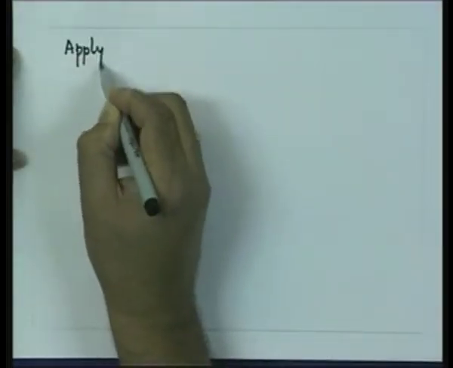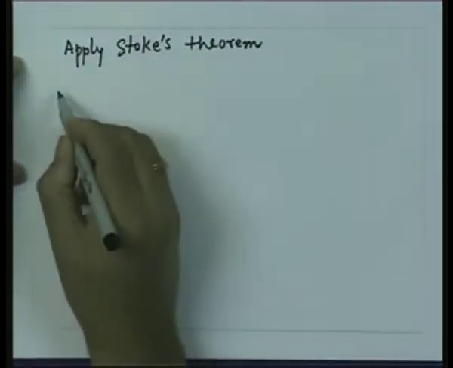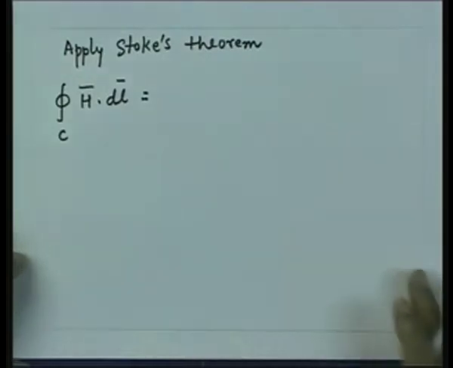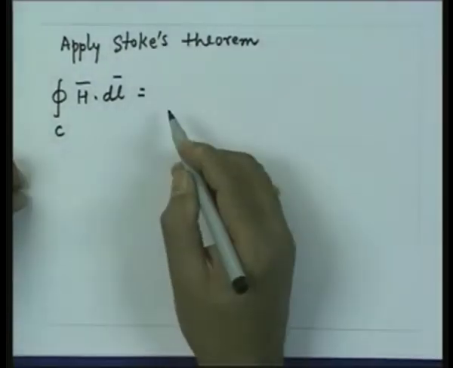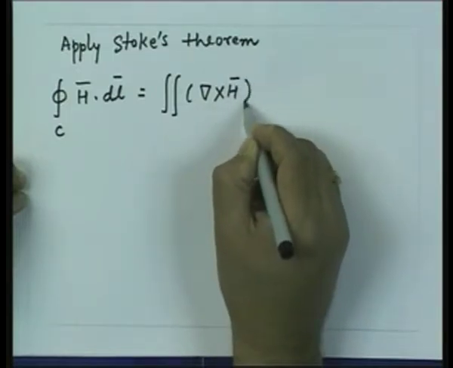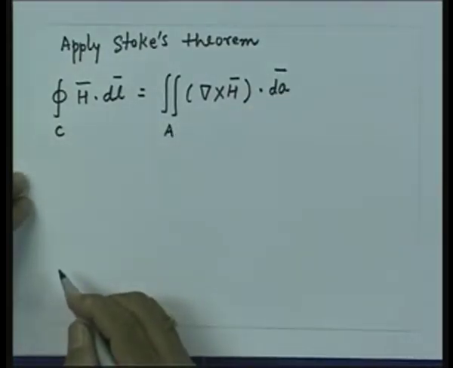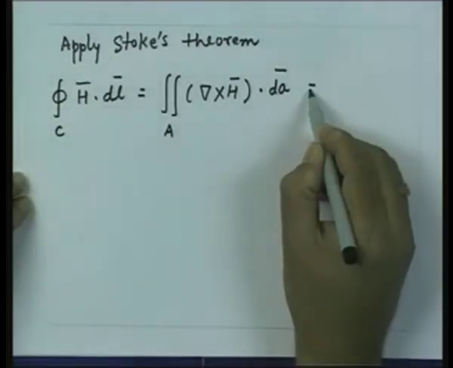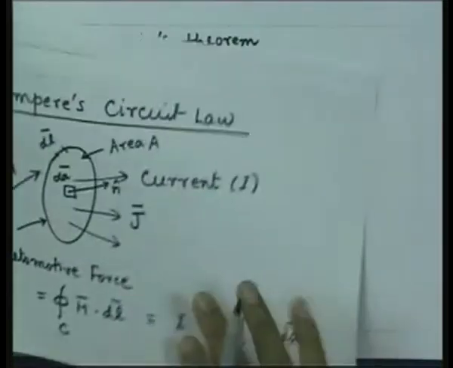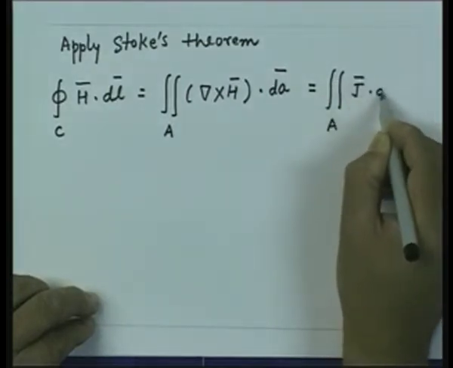So, if we apply Stokes theorem, the closed line integral of H dot dl is equal to the double integral of del cross H dot dA over this area A. That is by the Stokes theorem, and that is equal to the total current enclosed, which is the integral of J dot dA, the double integral over A of J dot dA.